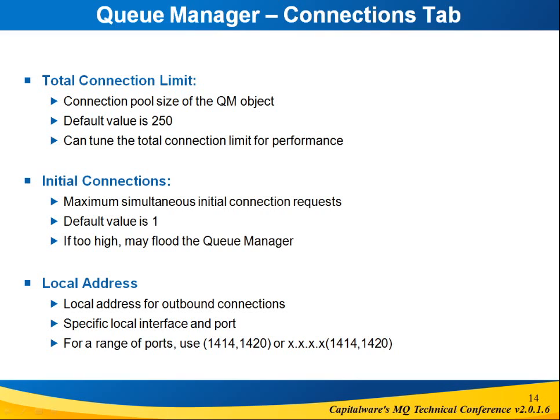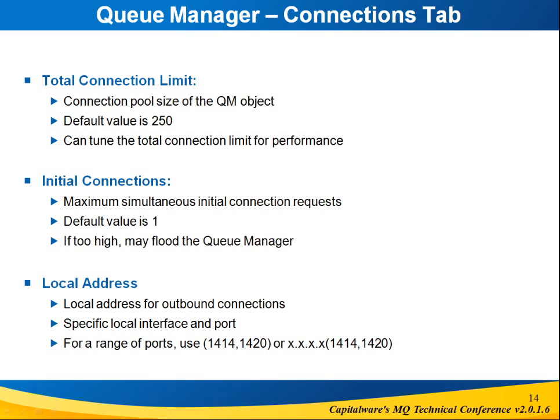Maximum number of connections. Default is 250, which is generally okay for most modern servers running MQ, but you can tune that according to your needs based upon the availability and processing power of the system where the Queue Manager is running.